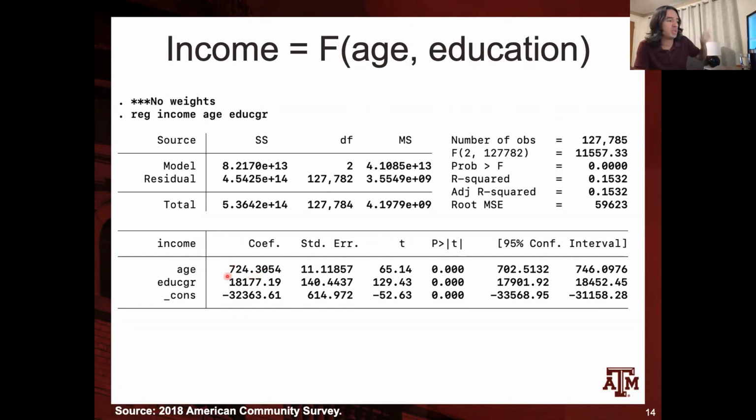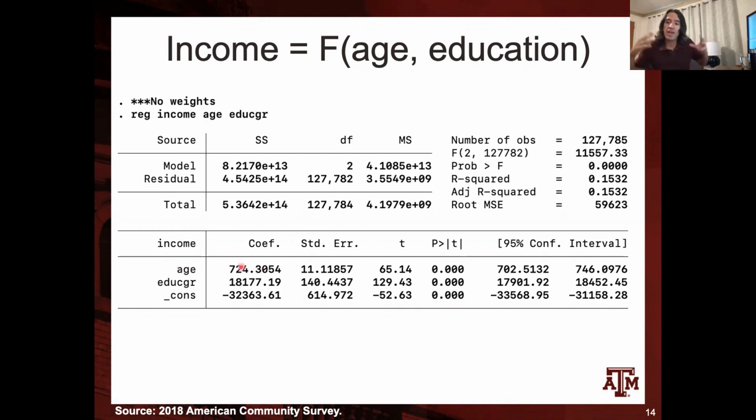And for age, the same thing: if I increase 1 year of age, my income will increase by $724, controlling for education group. If I move from less than high school to high school, my income will increase on average $18,000, controlling for age. And this is the important thing.